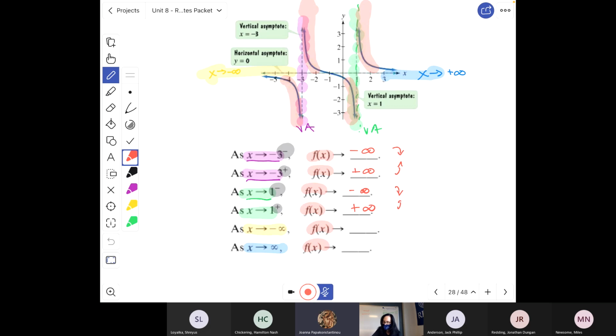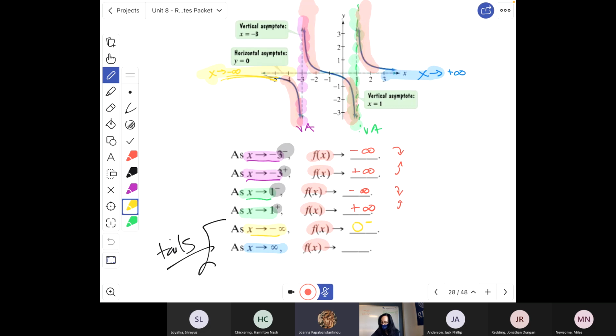Now, let's go ahead and look and see what's happening in the tails. So this is talking about the tails, the end behavior. What is the function doing in the tails? As x goes to -infinity, what is the graph doing? It's approaching 0 from below, right?